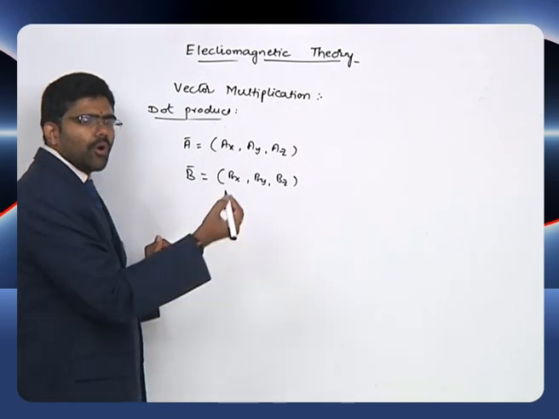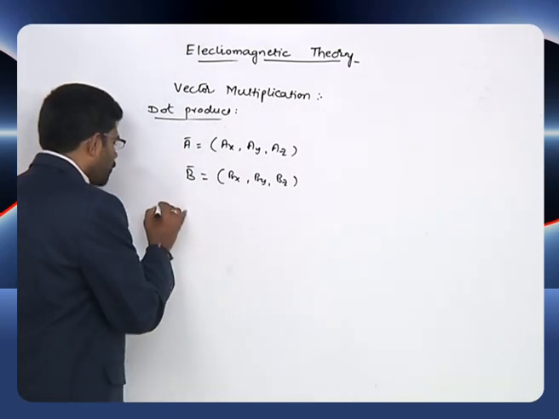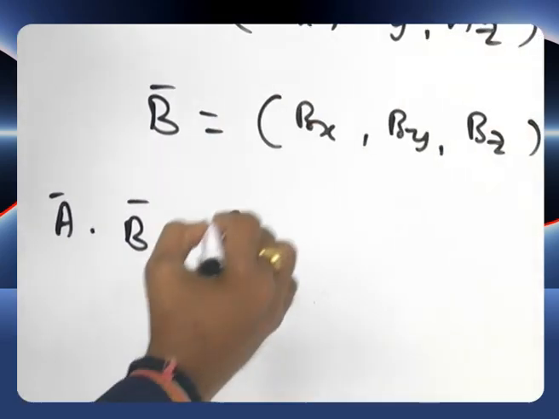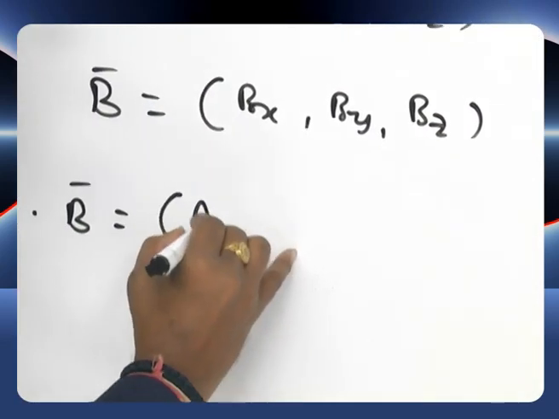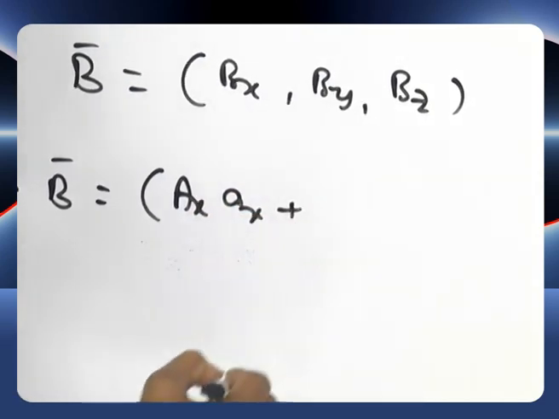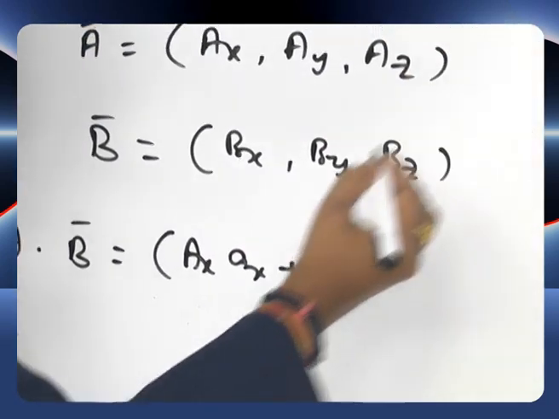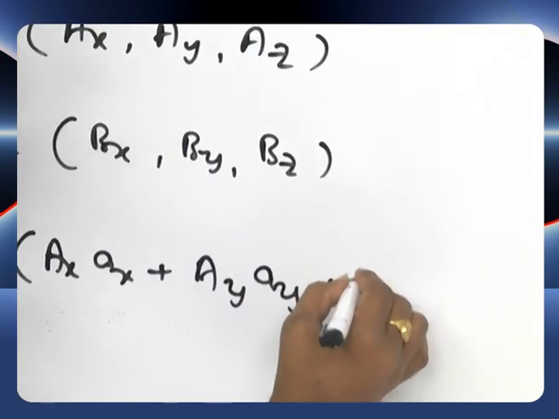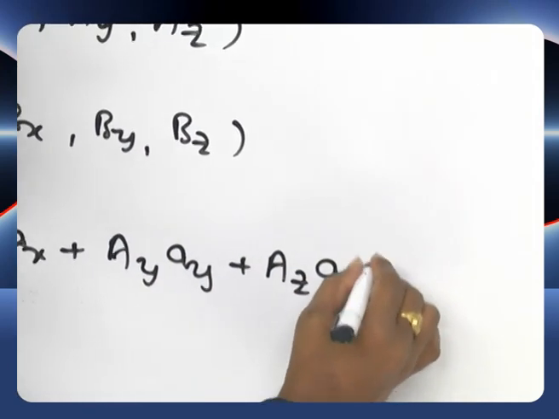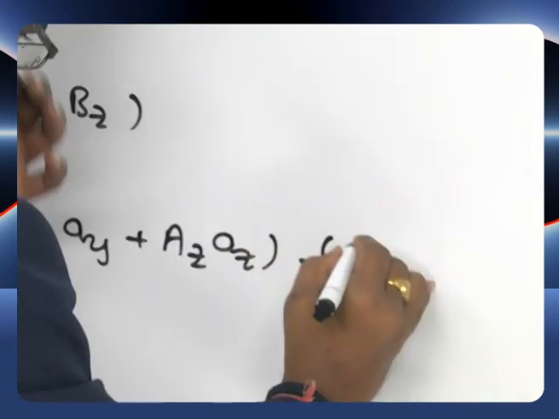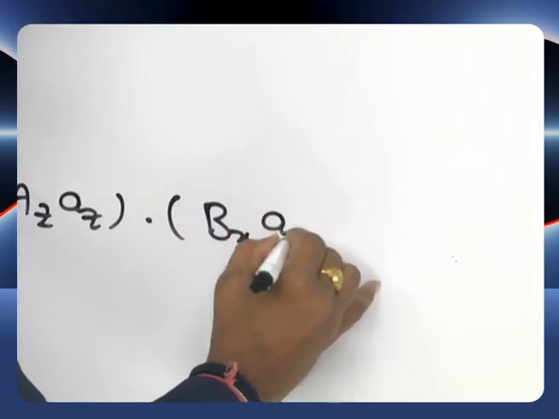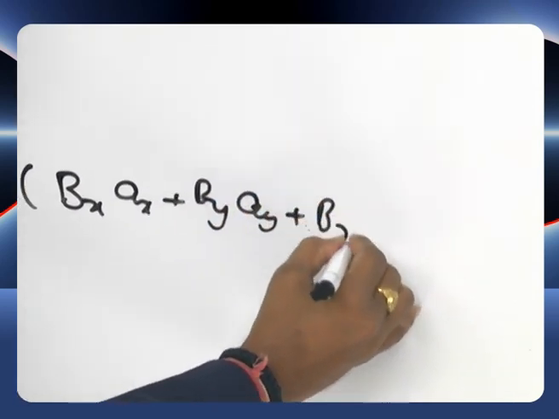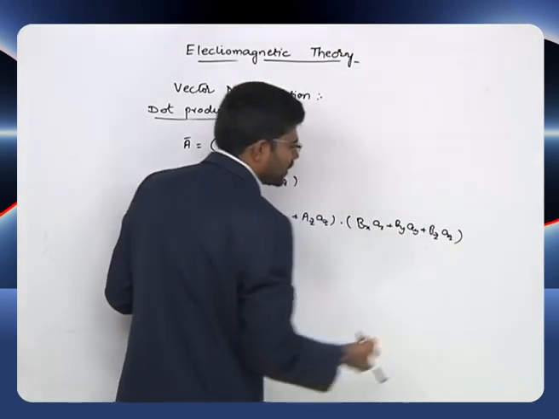Just apply a term to term multiplication with the dot product. That is, a bar dot b bar equals, writing each vector in terms of its unit vectors, since it is represented in the rectangular coordinate system: ax ax plus ay ay plus az az, dot bx ax plus by ay plus bz az.